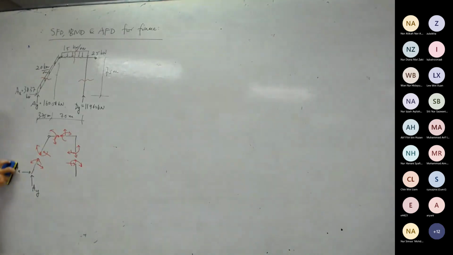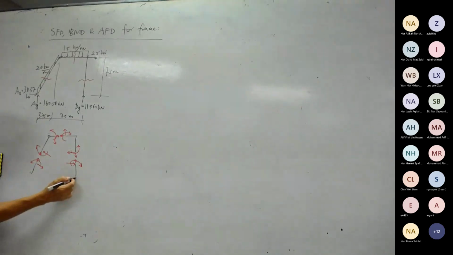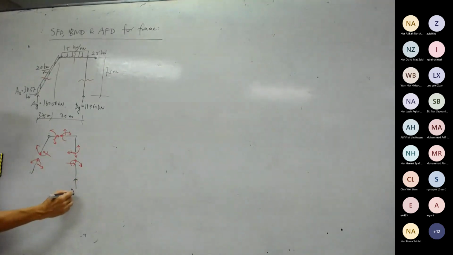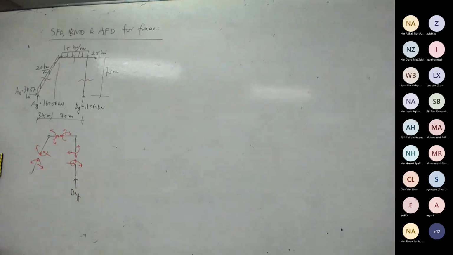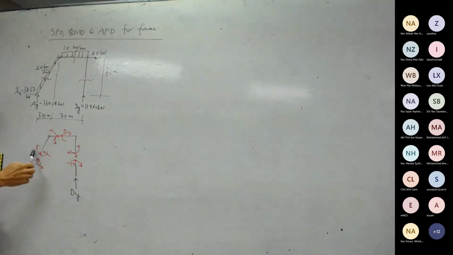If you do not calculate these in your reaction forces, and you only calculate DY, you can also calculate the shear force and bending moment on this part, but you have to use the free body diagram of this part.